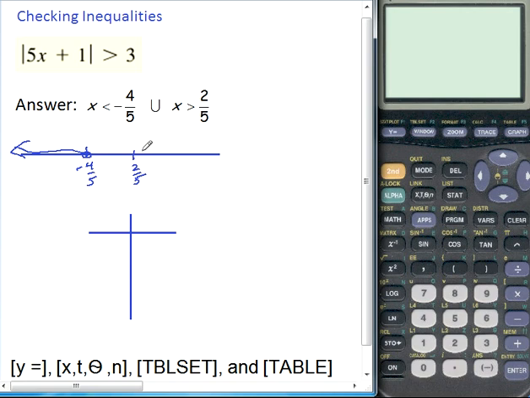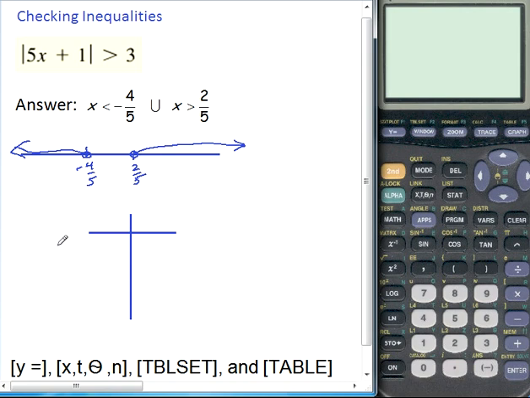And the points that are solutions there would be, first of all, an open circle at 2/5 and points to the right of it. Now with the check, we're just able to find out that our boundary points are correct and that the shading is in the right direction.